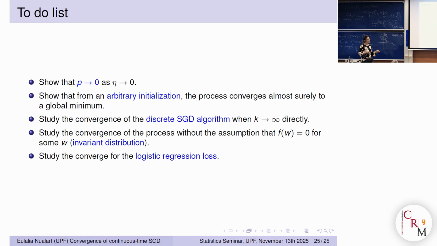But we believe it might be true, because of the Markovianity of the process. And also, we have a set of initializations for which the process converges almost surely. This could also be generalized to show that for any arbitrary initialization, if eta is small enough, there is convergence.